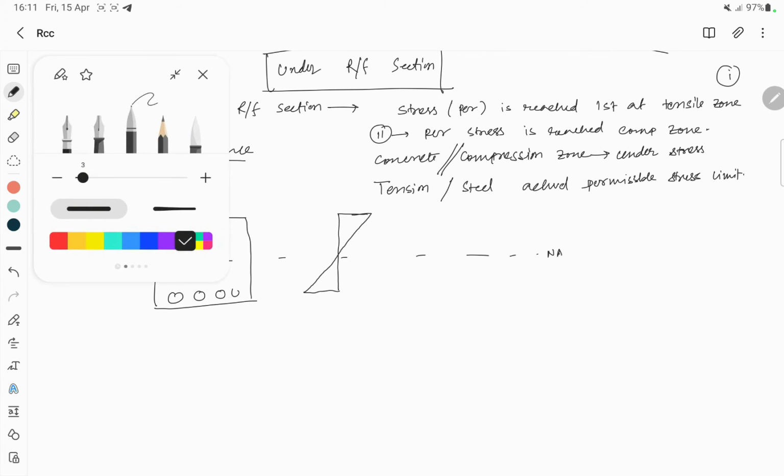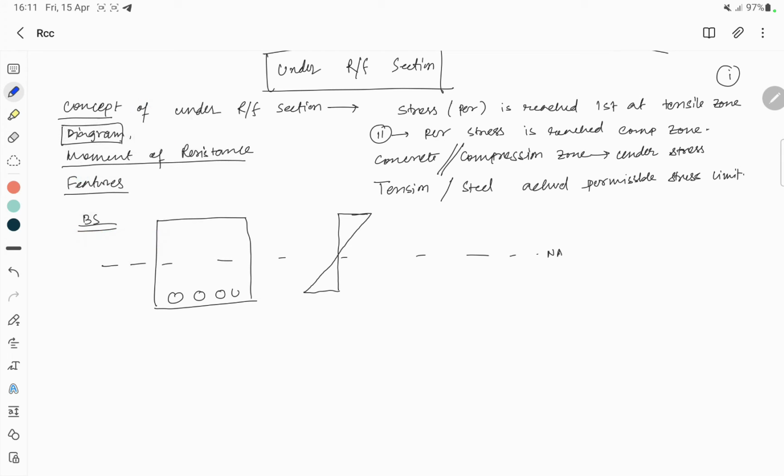Now here I say that stress is reached first at the tensile zone, and second, permissible stress is reached in the compression zone. So at that time the compression zone is under stressed. Suppose this value is the under stress. Now connect two lines.